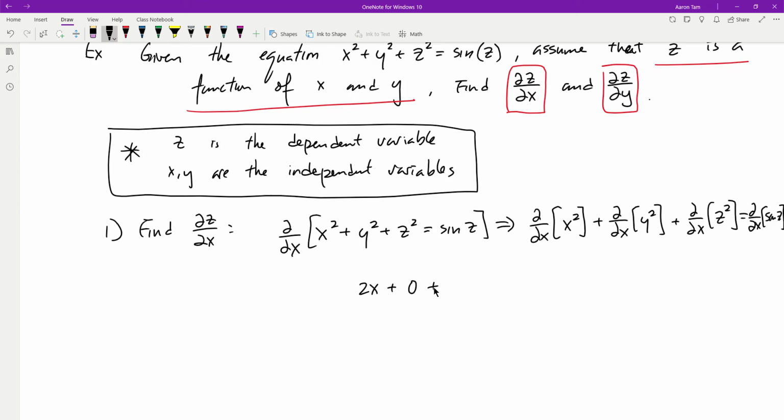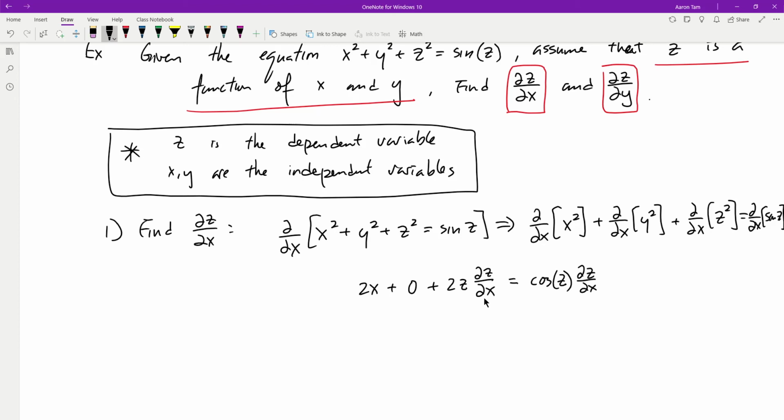So I have to differentiate like we did before with implicit differentiation. This becomes 2z dz over dx, and that's equal to sine z, which has the same issue as z squared, so that becomes cosine z dz over dx. Notice the treatment is different between y and z because y is independent and z is dependent.